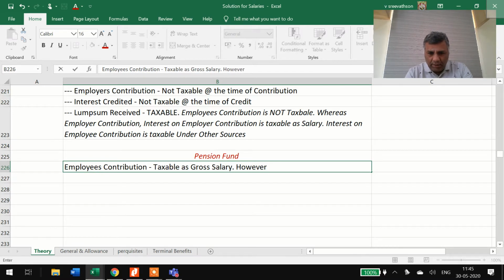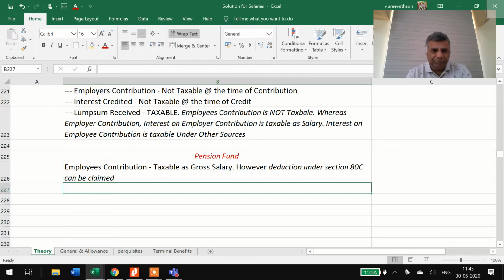However, deduction under section 80C can be claimed.